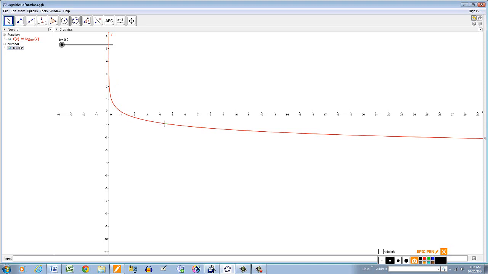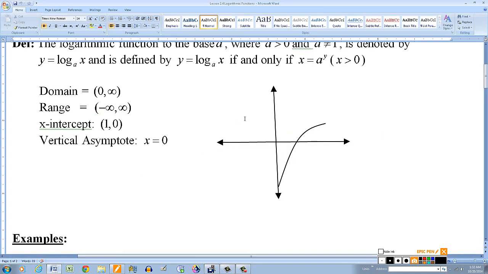The domain and the range are still the same. That doesn't change. So for this one, the graph of y equals log x to base a, where a is less than 1, is going to come down this way.